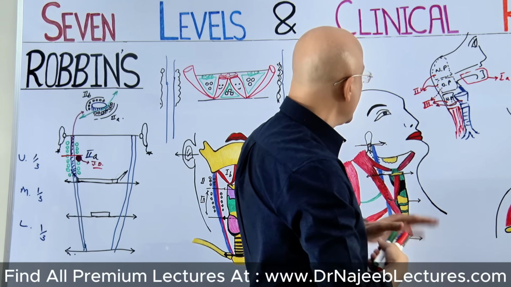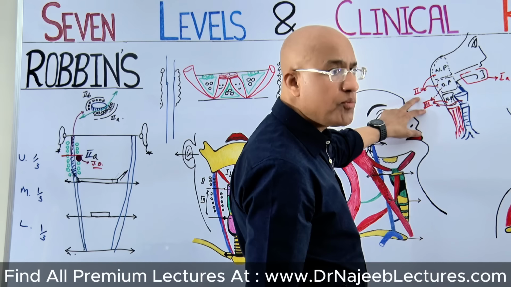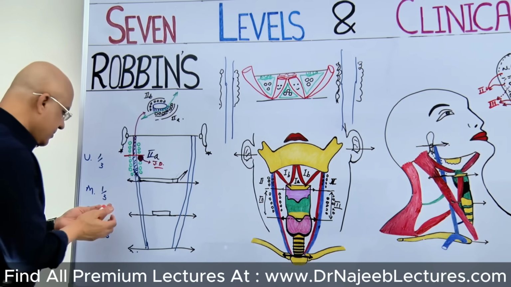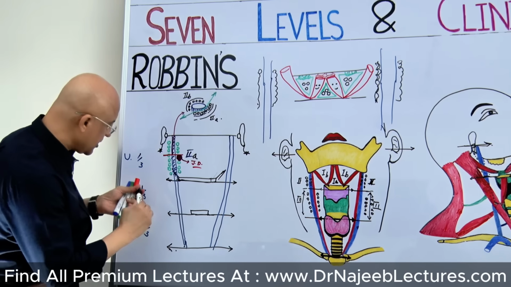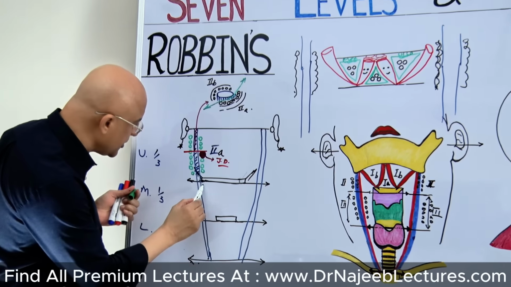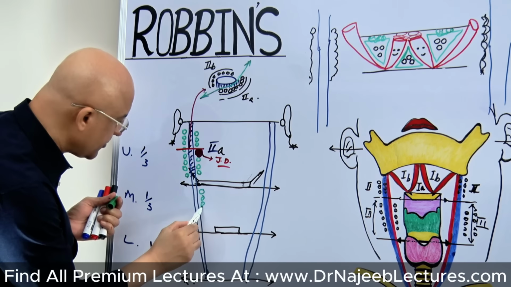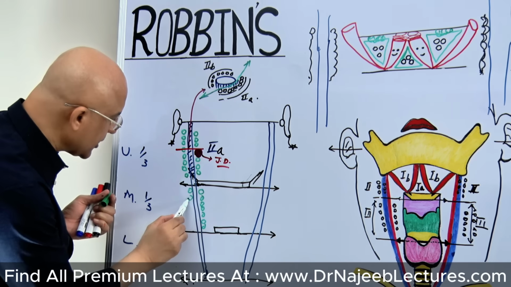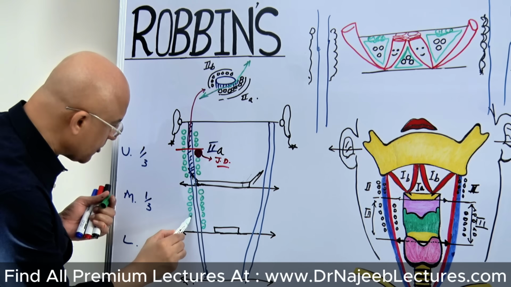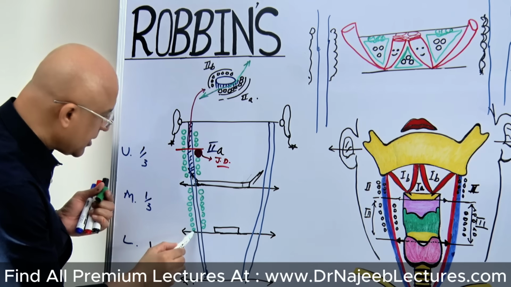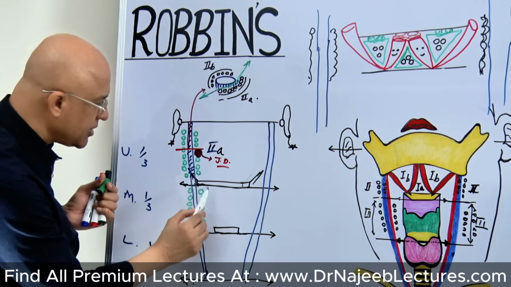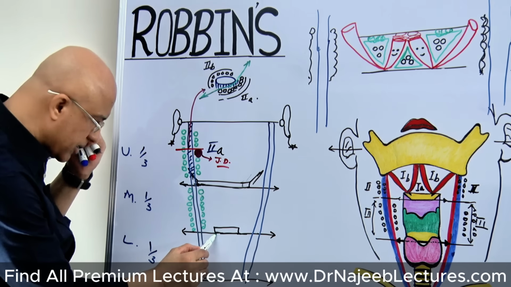Now, here there is one very important lymph node which every doctor should know, and here I am marking these lymph nodes. What are these lymph nodes? Robbins classification level 3, which are along the middle 1/3 of the internal jugular vein, with anatomical landmarks present between the lower border of the hyoid and the lower border of the cricoid.